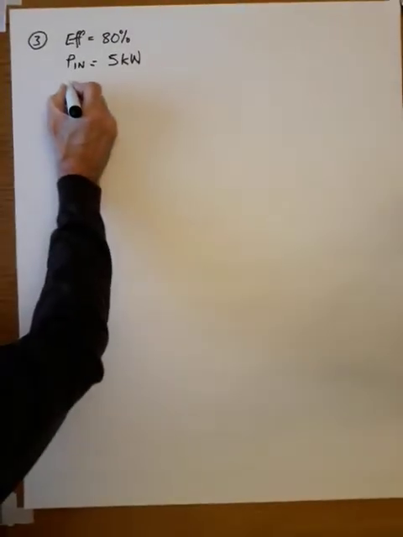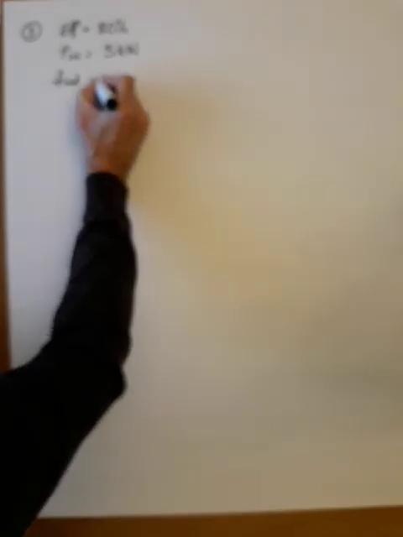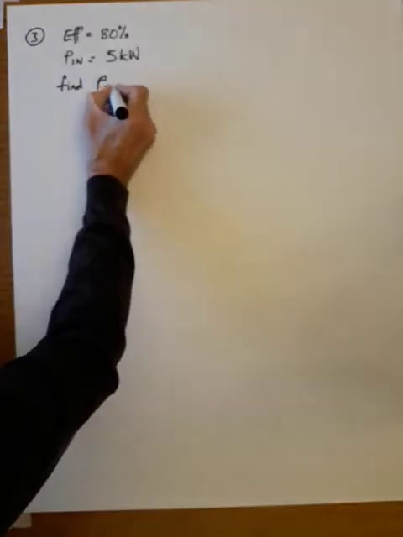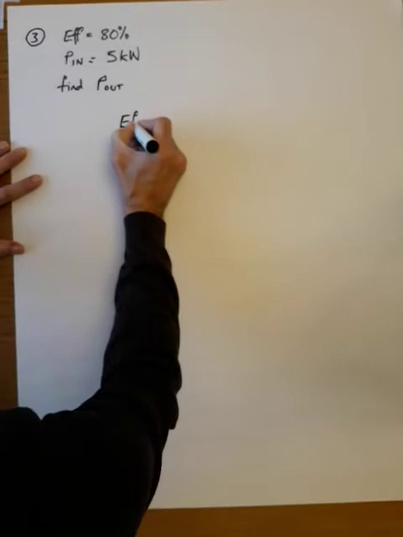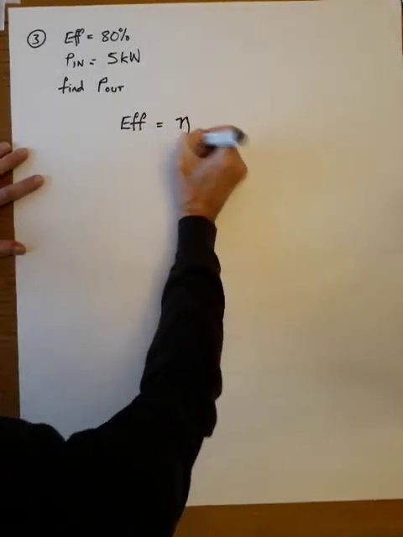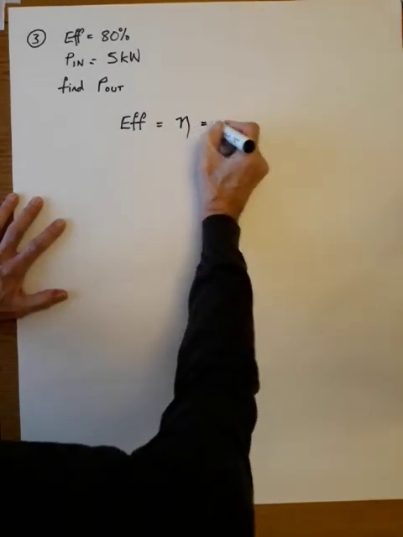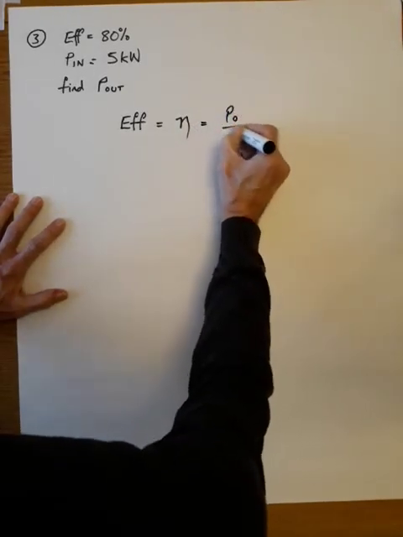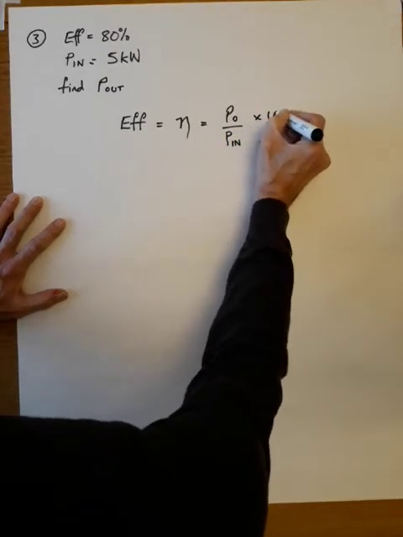And I want you to calculate, determine the output power. So start with your formula. Efficiency, you can start like that, or if you prefer, you can do the eta. Eta is P out over P in times 100.